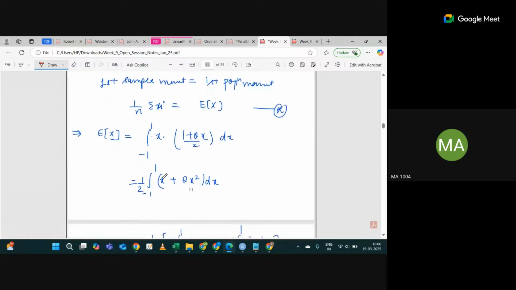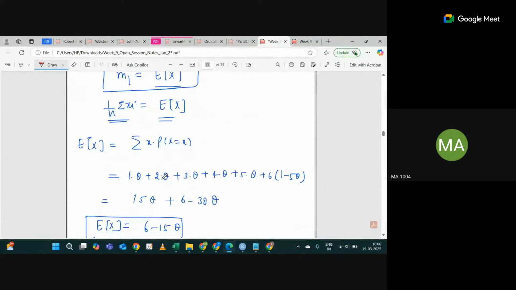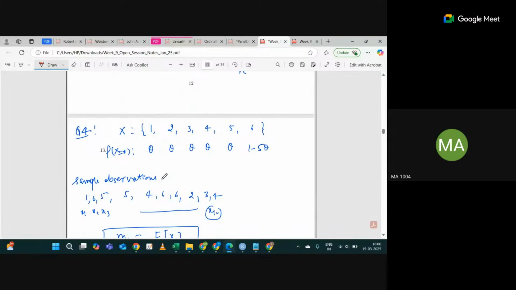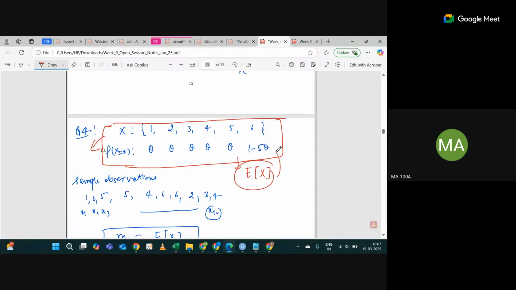Similarly, now let's say this one. We discussed this part yesterday also. This is the distribution information. The expected value of x, the first population moment, you will calculate with the help of it.